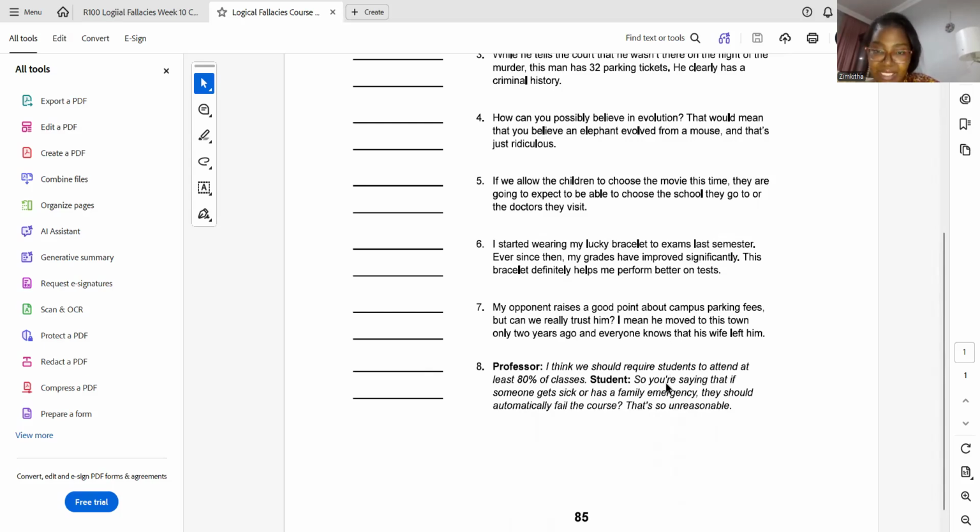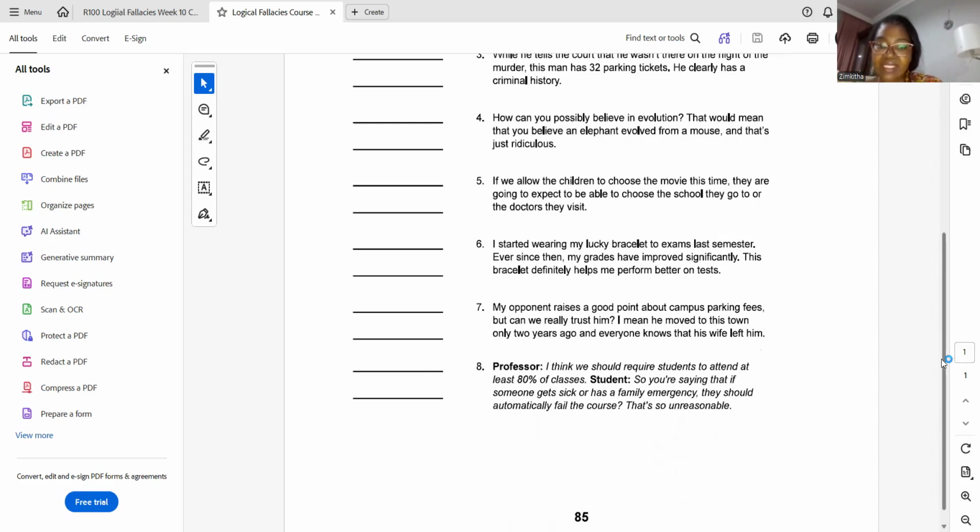It's a personal attack towards the person and not about the argument. My opponent's point is about campus parking fees, so the response should be about campus parking fees, but this person is actually attacking their personal life. Okay, so that's an ad hominem.